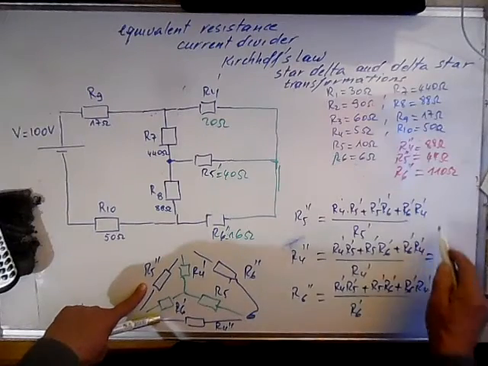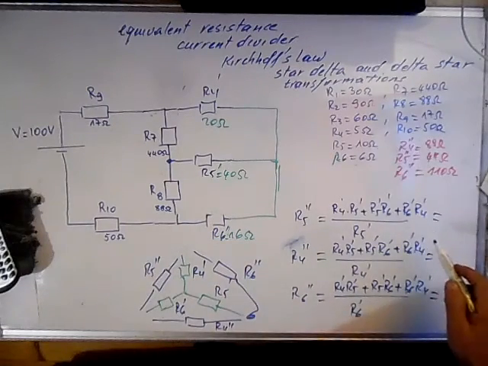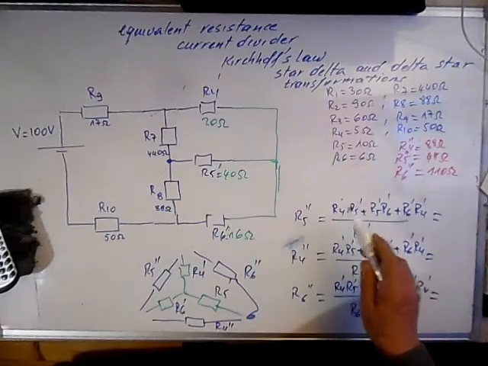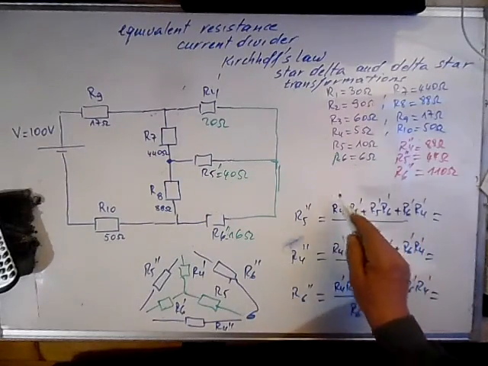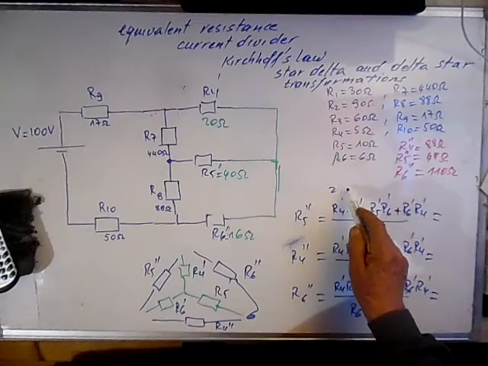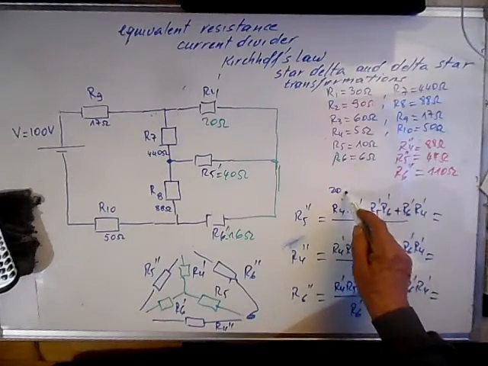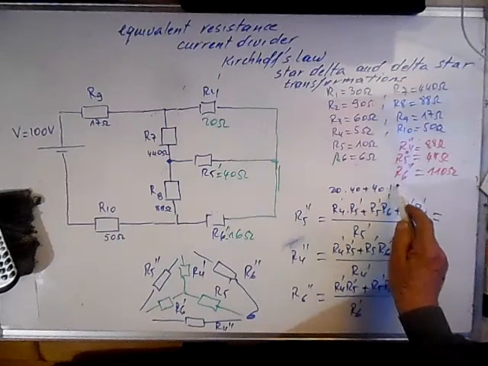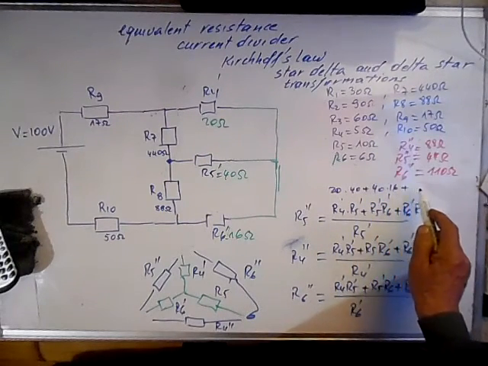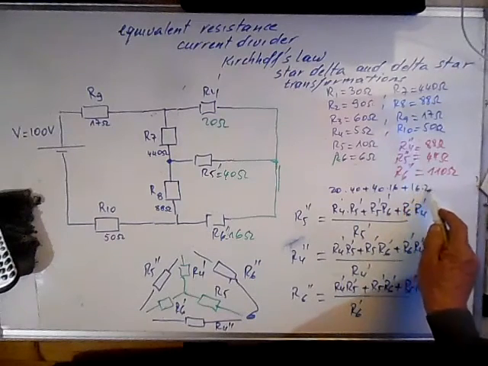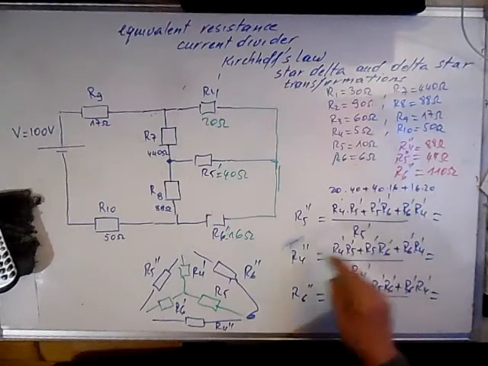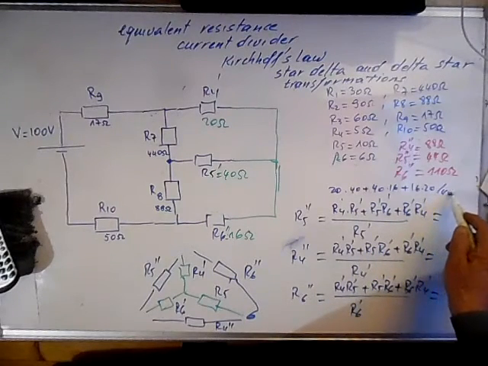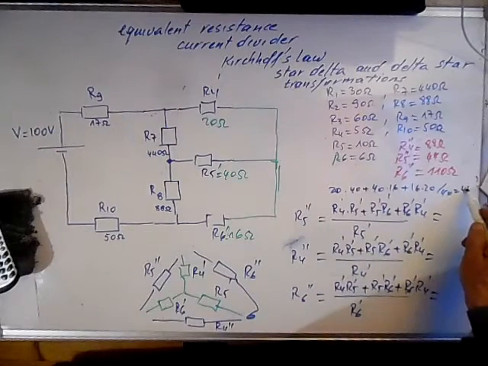And the result, you can verify it. If we take 20 times 40 plus 40 times 16 plus 16 times 20, divided by 40, we get 44 ohms here.